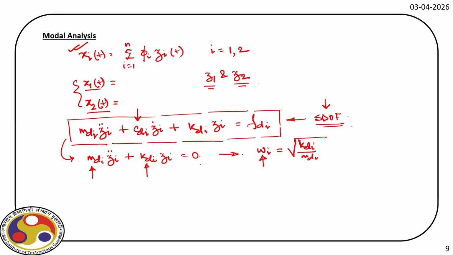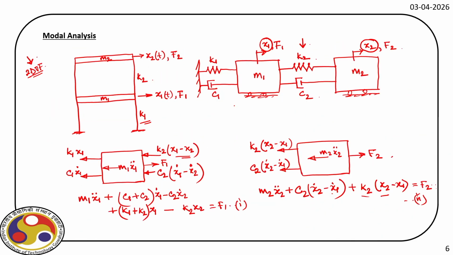What you have learned is the meaning of natural frequency. If we have a structure like this one, apply initial conditions and allow it to vibrate, then the frequency with which the structure vibrates is the natural frequency. That is the first point to be noted.